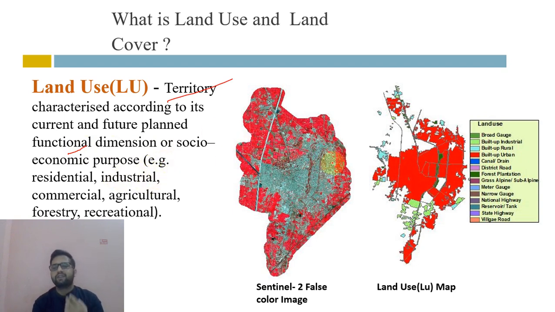It can be residential or industrial, commercial, agriculture or forestry. Residential can be divided into broad categories, that is built up industrial, built up rural or built up urban. Agriculture has different types of agriculture patterns, and forestry is broadly evergreen forest and deciduous forest, and recreation is also a land use feature.